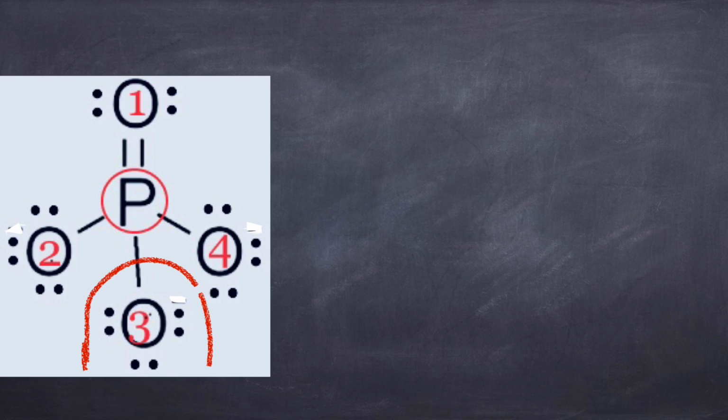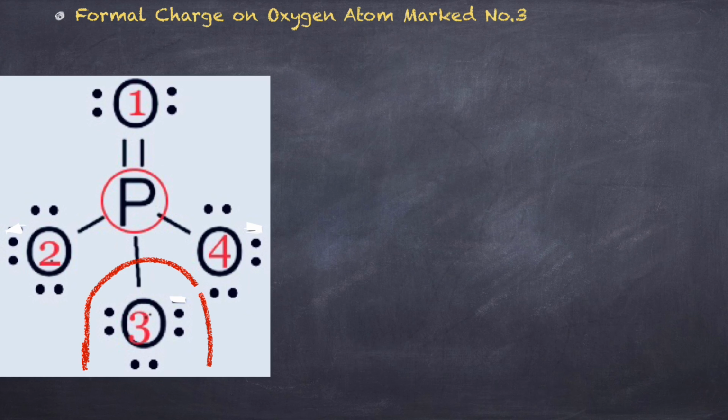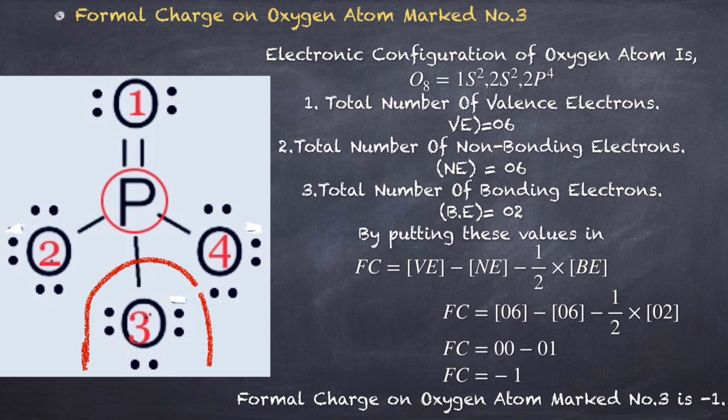Now, let us calculate the formal charge on the oxygen atom, which is marked number 3. Here again the electronic configuration of oxygen atom will be equal to 1s2, 2s2, 2p4. Therefore, the total number of valence electrons, that is Ve, will be equal to 6. Now here the total number of non-bonding electrons, that is the lone pairs of electrons, that is Ne, will be equal to 6. The total number of bonding electrons, that is Be, will be equal to 2.